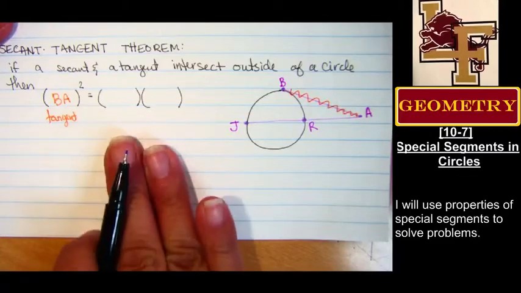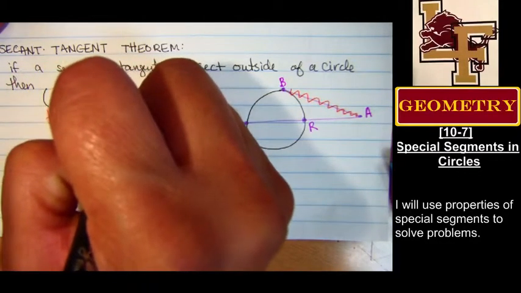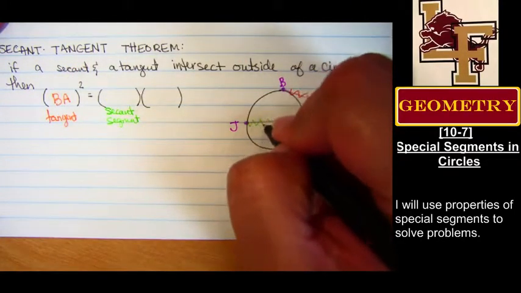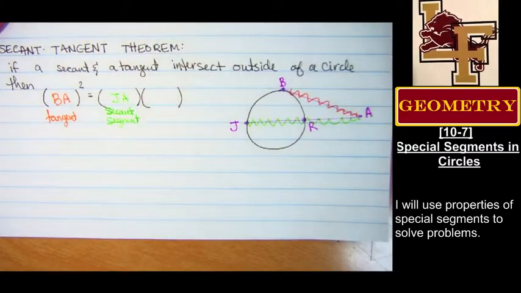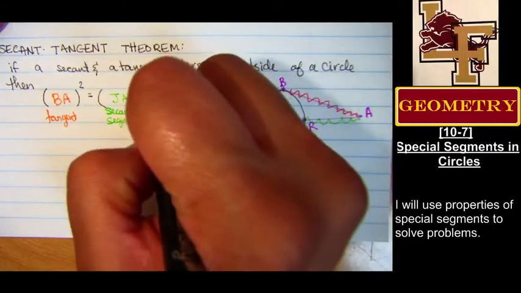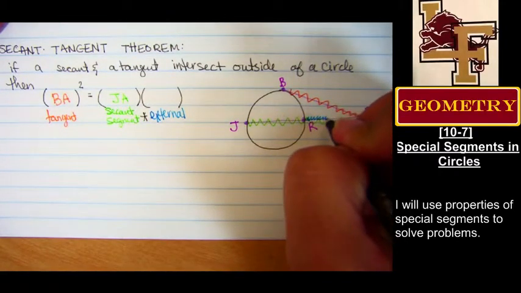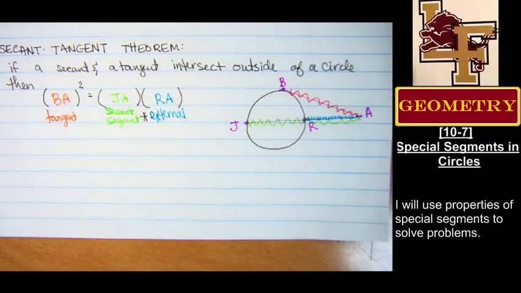On the other side is going to be the secant segments, like the entire segment, times that external part. Take a moment to make sure that that part of the formula is making sense.